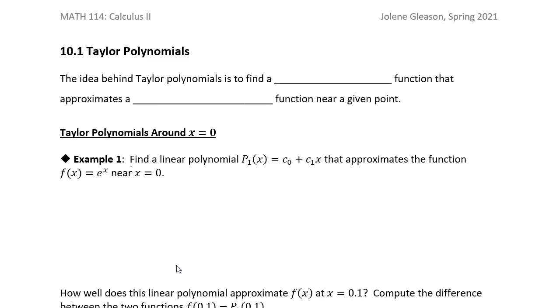So what is the idea behind a Taylor polynomial? The idea behind Taylor polynomials is to find a polynomial function that approximates a non-polynomial function near a point. Now, why would we want to do that? Well, first of all, polynomials are just way easier to work with in general.